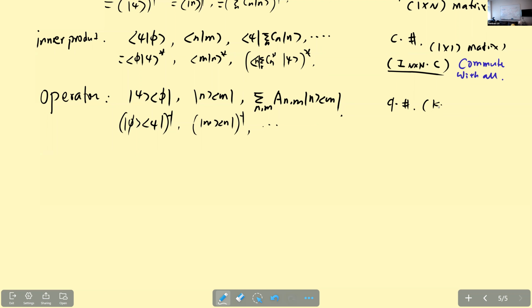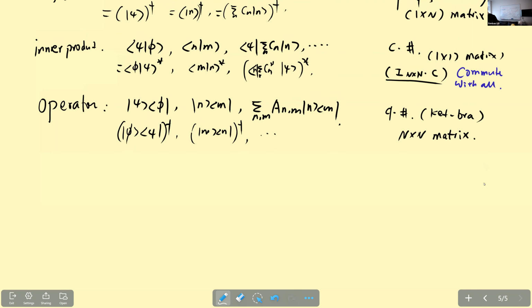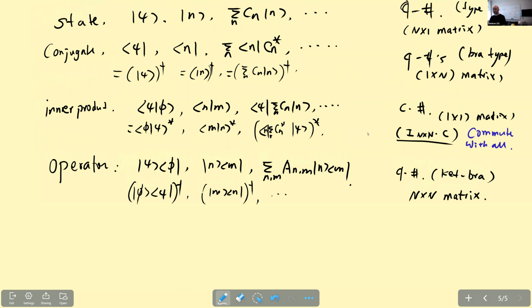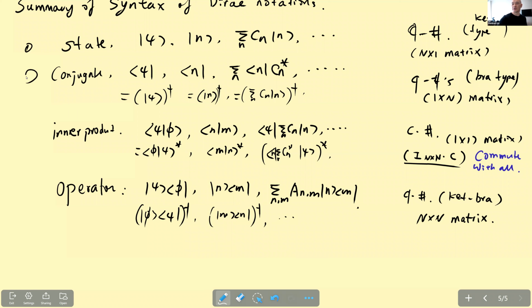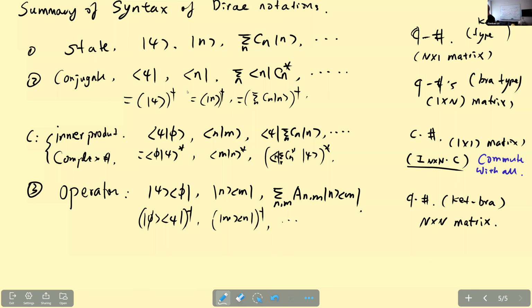It's a ket-bra type. In terms of matrix, it's an n times m matrix. So you can see that you can have three types of Q numbers, and then you have the C number right here. Of course, you can also have just any complex number. It's also a C number. So you have these four kinds of quantities.